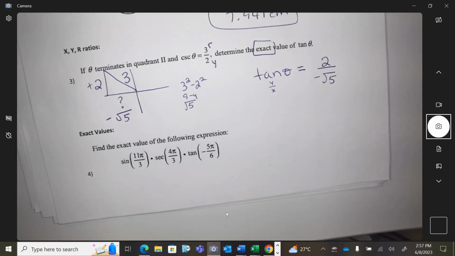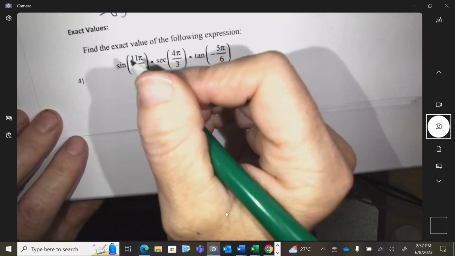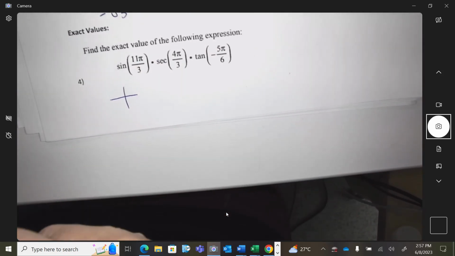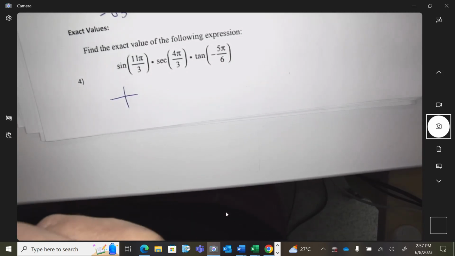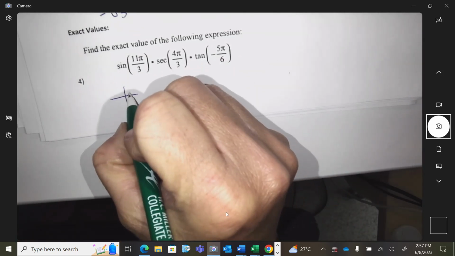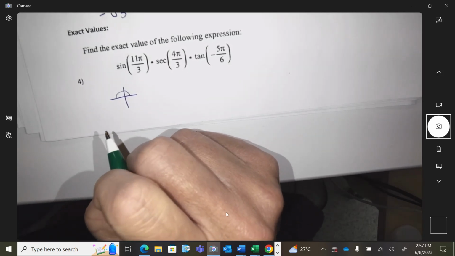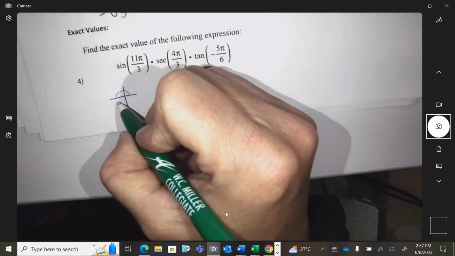Okay, exact values from the unit circle. So how do we get to an 11 pi over 3? It's not on our sheet because it's me doing a bunch of circles right now. Okay, would we agree that that is 3 over 3 pi? Right, because it's 1 pi, so that's 3 over 3.